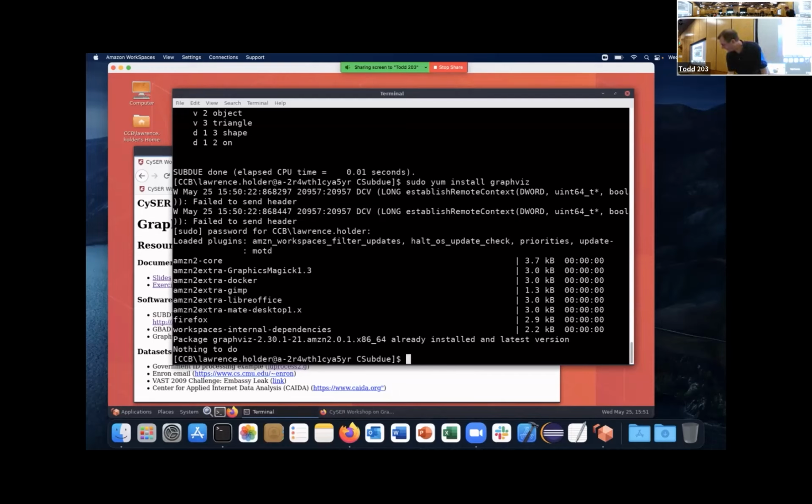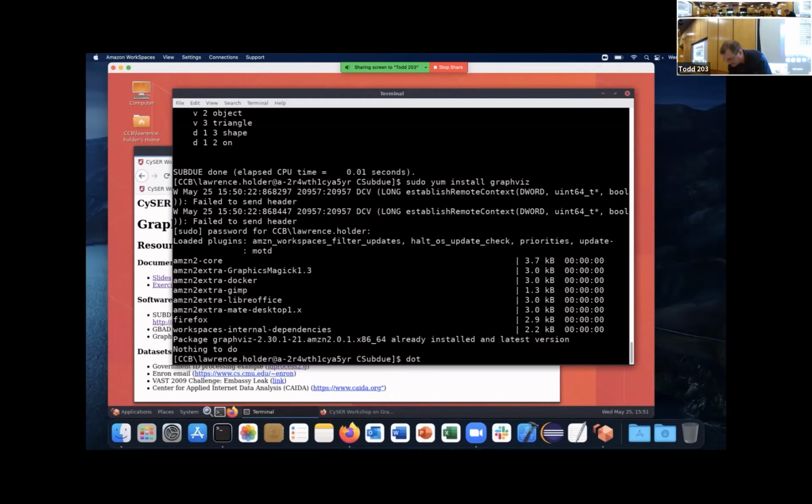But for this one, well, we can just do the sample graph. So if we wanted to see what that sample graph looks like kind of to the algorithm, we can run this dot program on it to generate an image of the graph, and then we can see what it looks like.